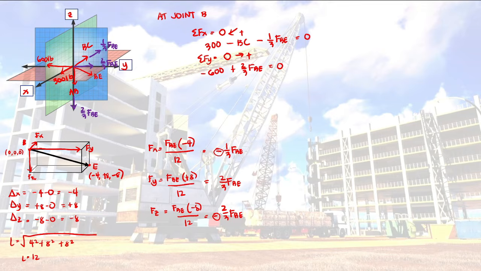Then summation of forces in Z is equal to 0, upward positive. So we have negative AB going downwards and negative 2/3 FBE. So this is equal to 0. So we can already solve our equations for BC, BE, and AB.